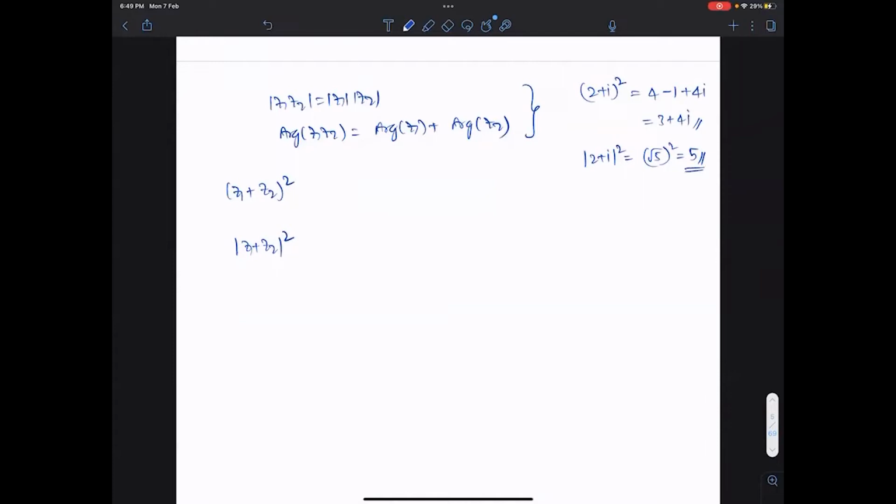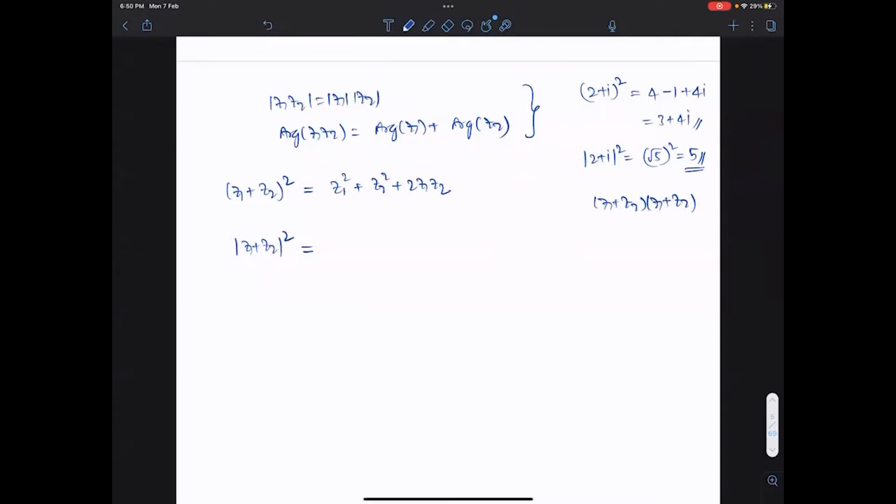Now, this one is straight away like (a plus b) whole square: z1 square plus z2 square plus 2 z1 z2. It is simply (z1 plus z2) into (z1 plus z2), just multiplication. But mod (z1 plus z2) whole square, what will that be?